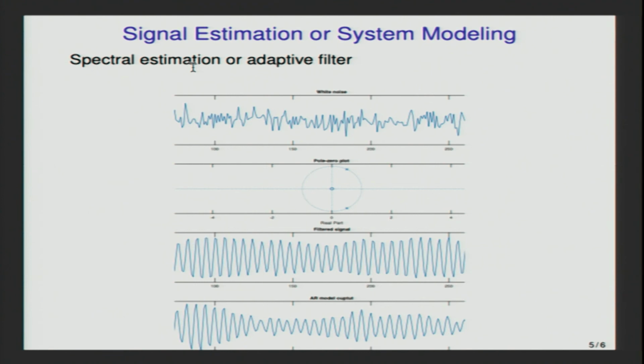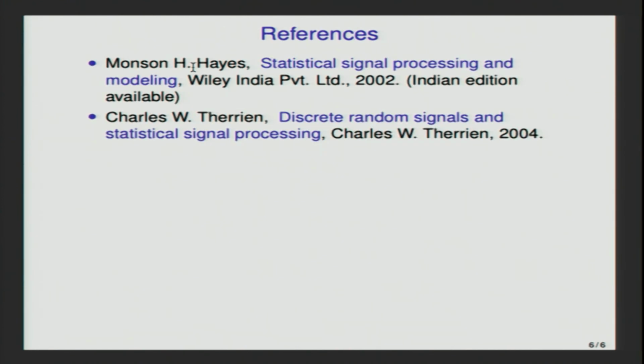So with that brief introduction to what this course would be and the outline of this course, I would like to point out these references. The first reference is a book by Professor Monson Hayes, on statistical signal processing and modeling. This is a recommended book which covers a wide variety of topics, including adaptive signal processing and appropriate prerequisite topics.